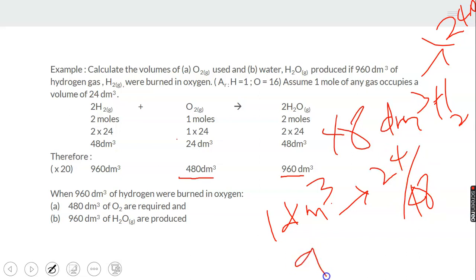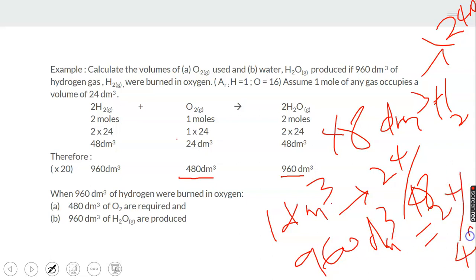Then when you're now talking of 960 dm cube, it gives you 24 divided by 48 times 960.